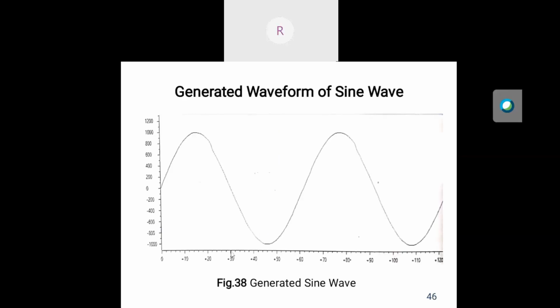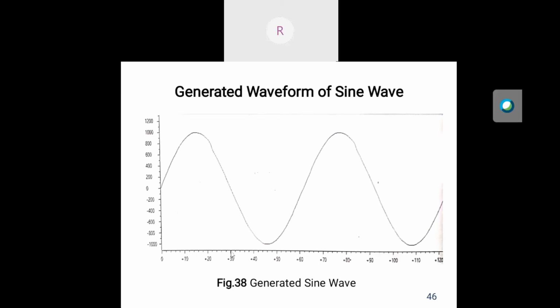From here, what would be the frequency? Can you tell that? Below, the time axis, right? So the time period is 6.2. Tell me one thing. That is plus 10, 20, 30.